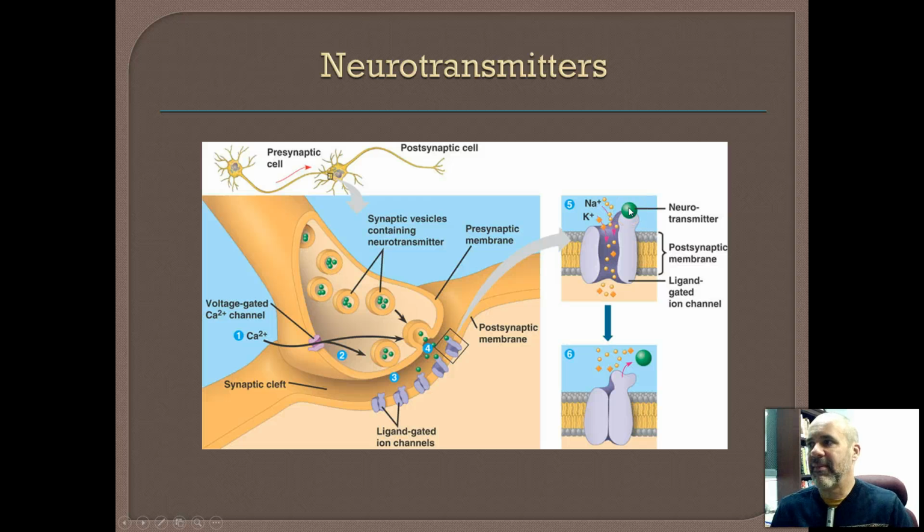And then that allows sodium to flow into the cell and causes depolarization. So right in here, if this was a channel that was opening up and letting sodium come in, that would cause local depolarization there, and that would be an excitatory postsynaptic potential occurring locally on that part of the membrane.